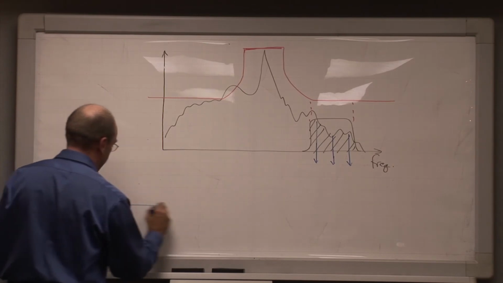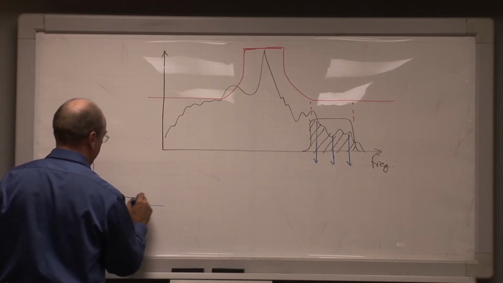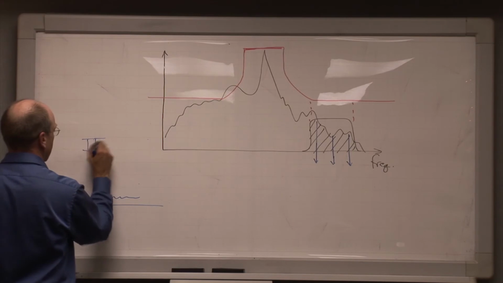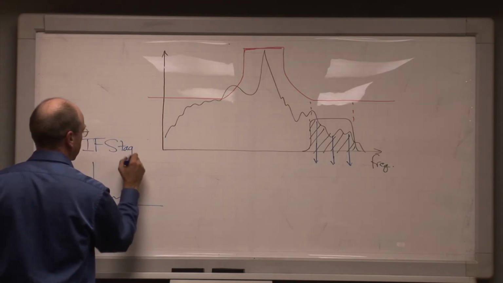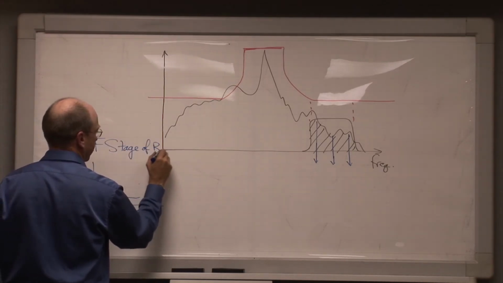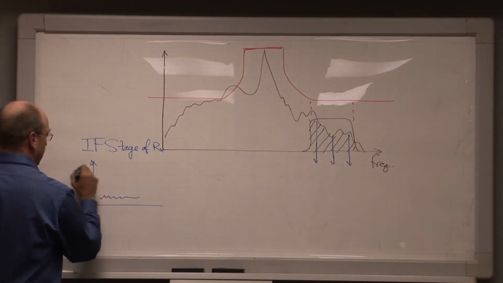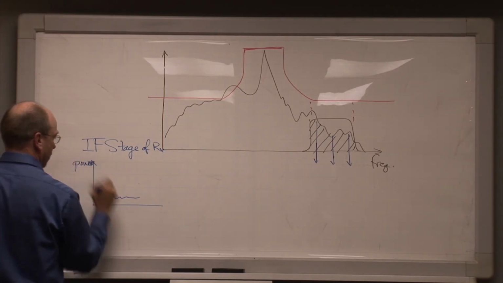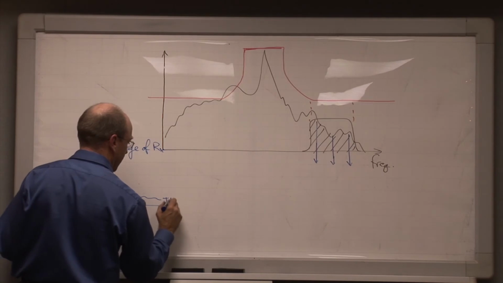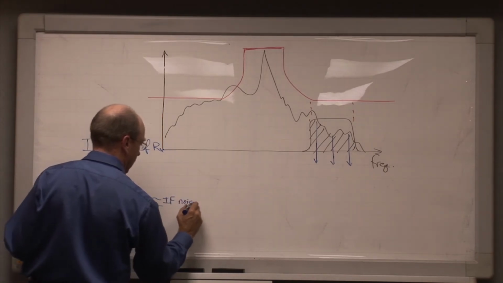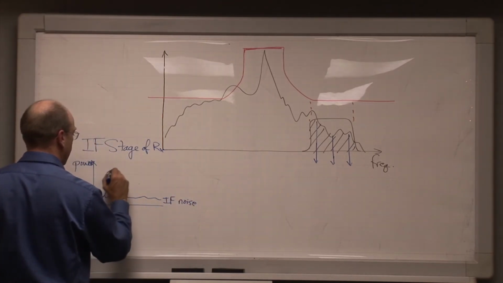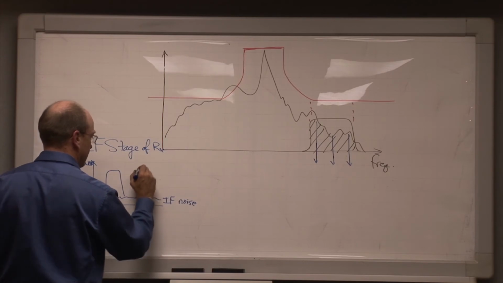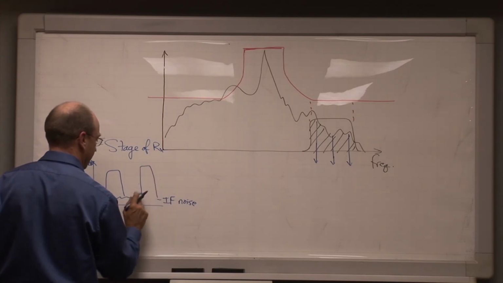If in the IF stage we saw the IF noise, and here's the IF stage of the receiver, remember that we had the IF noise here. We had the desired signals looking like this in the IF, like so.